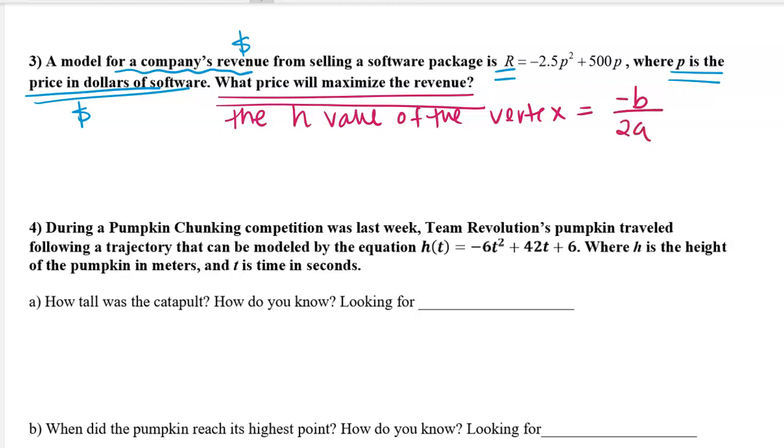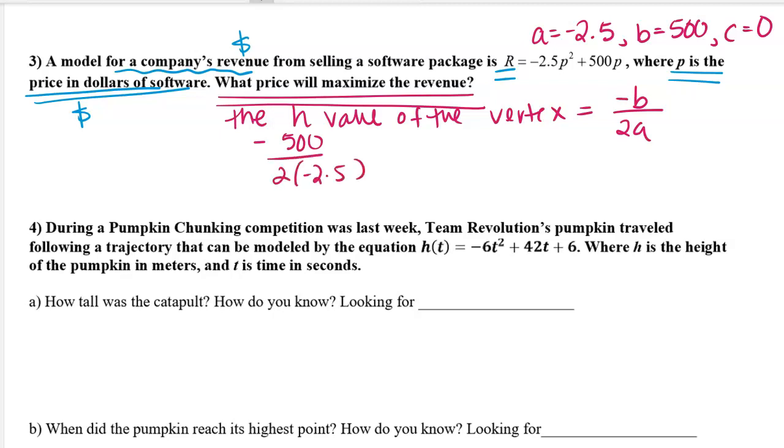Yes, good job. Okay, Sibby, what's A in our equation? Negative 2.5. Perfect. B equals? 500. C equals? 0. Yes. All right, Sibby, let's plug it in. Negative B, which is negative 500, divided by 2 times negative 2.5. So Sibby, what's 2 times negative 2.5? 5.